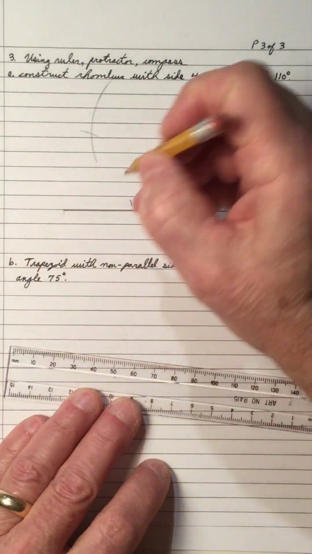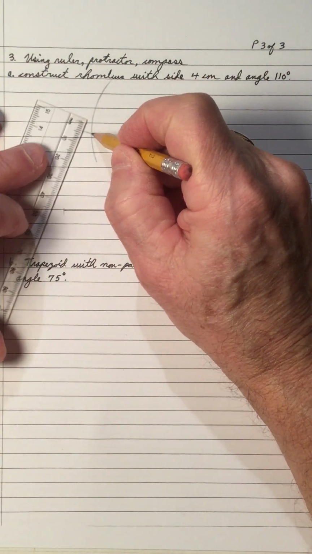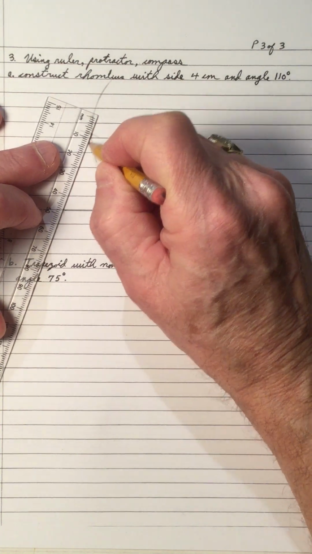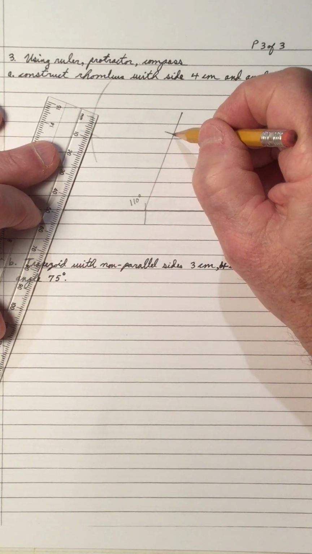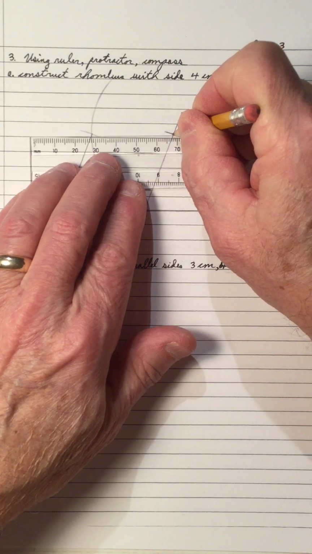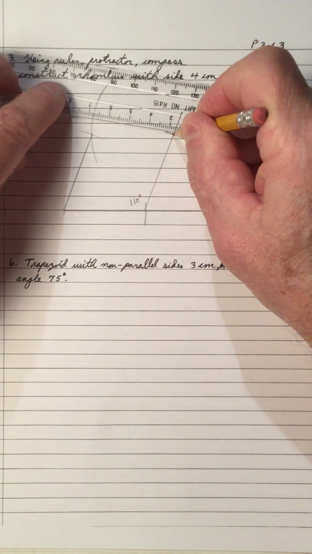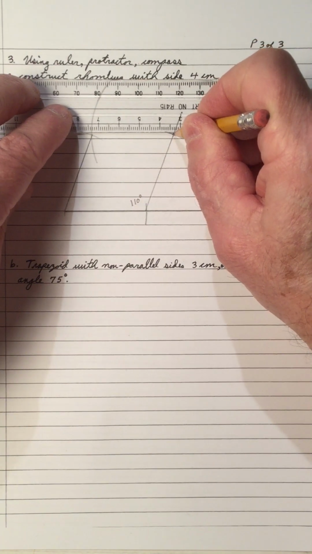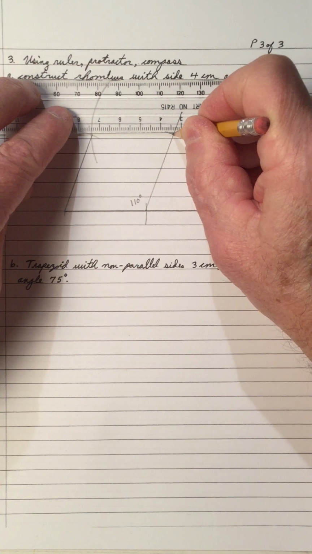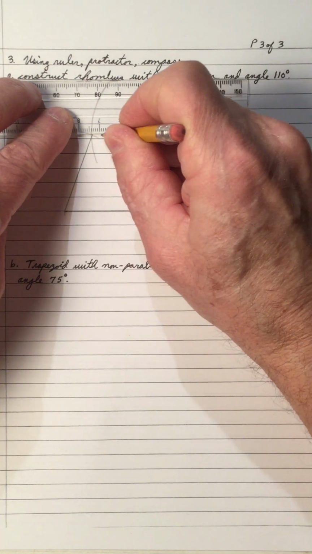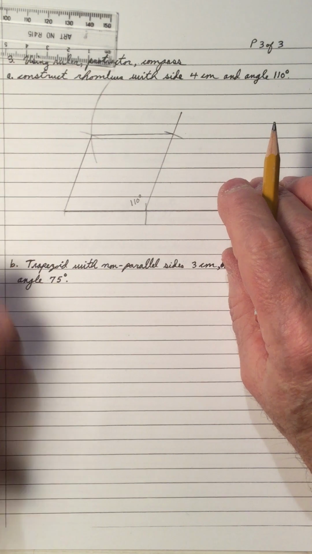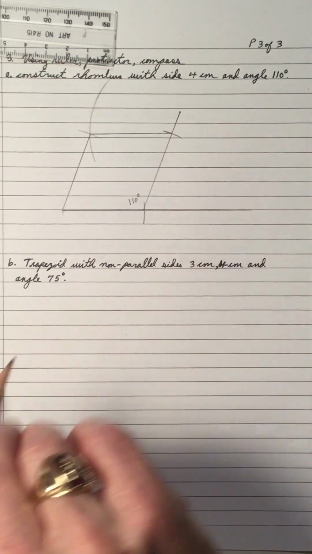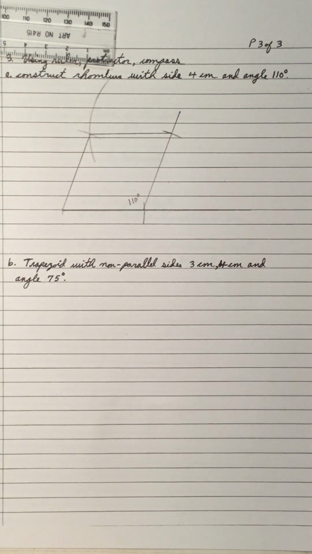So if I join those up, I have 4 centimeters there. I have 4 centimeters here. And I'm putting it on this side so I can see it better. Again, it might be a tiny bit off, but that's because I'm not working with precision instruments.